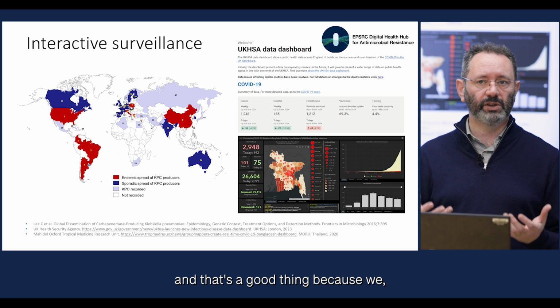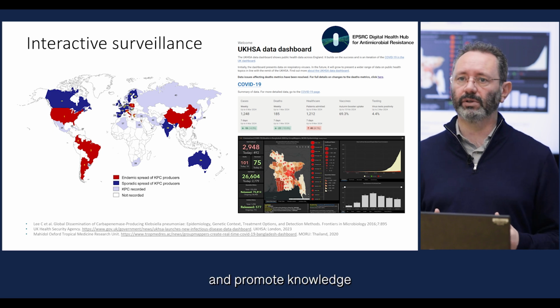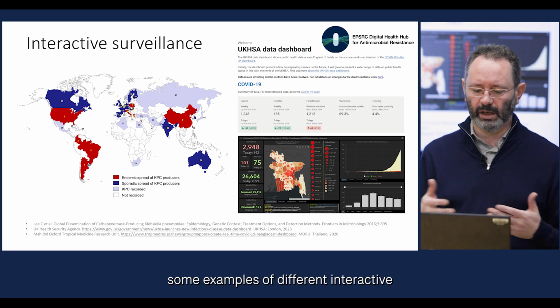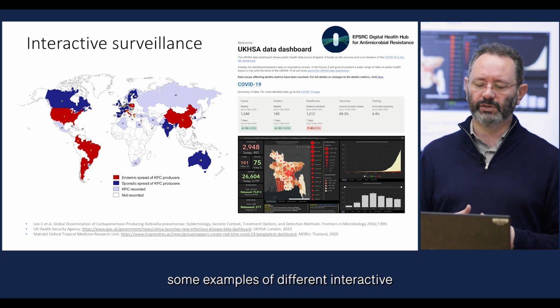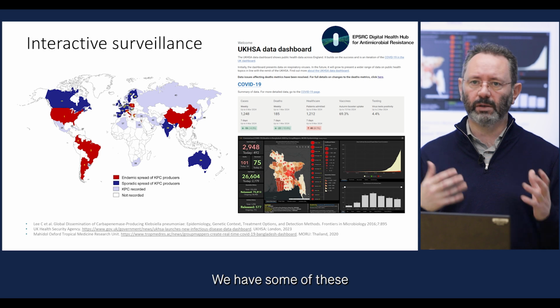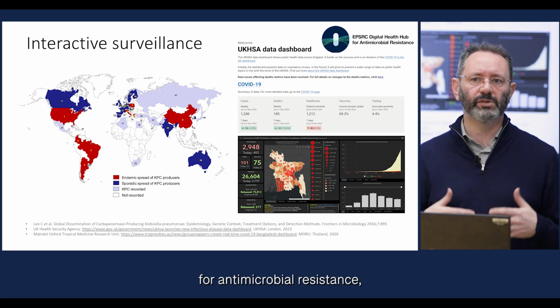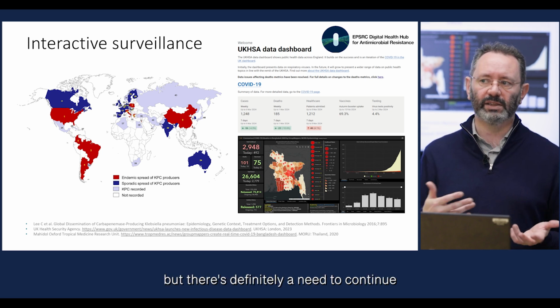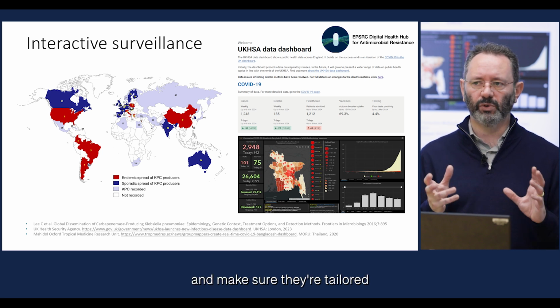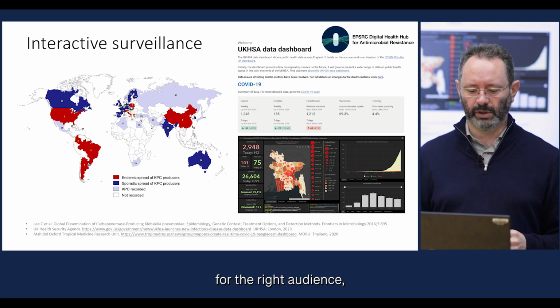And that's a good thing because we want to try and promote knowledge about antimicrobial resistance. So here you can see some examples of different interactive dashboards. We have some of these for antimicrobial resistance, but there's definitely a need to continue to develop these and make sure they are tailored for the right audience.